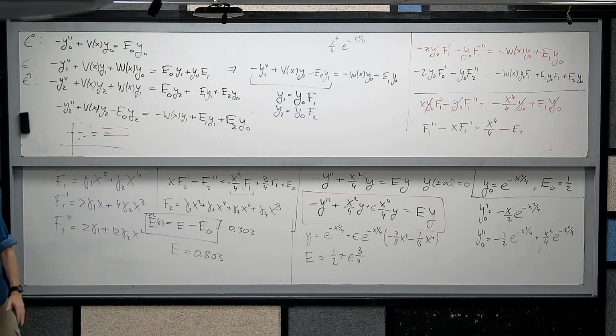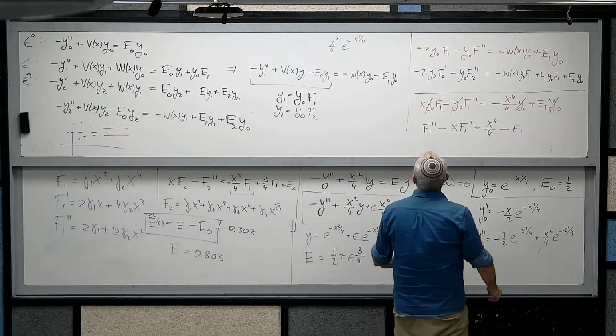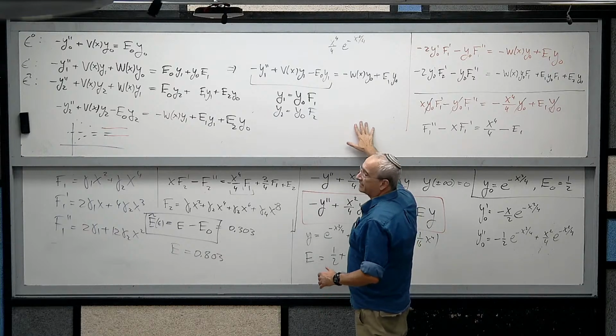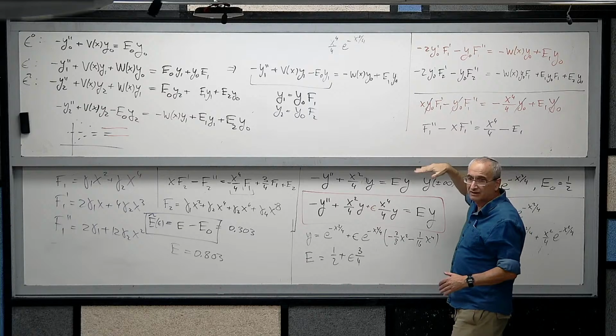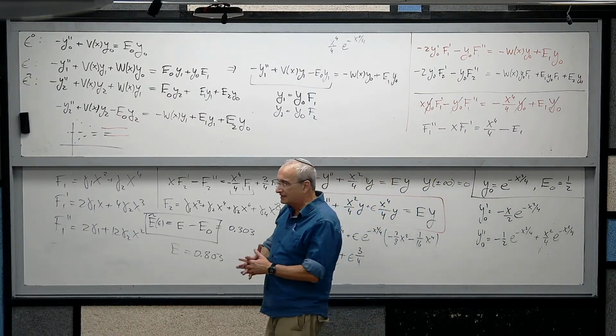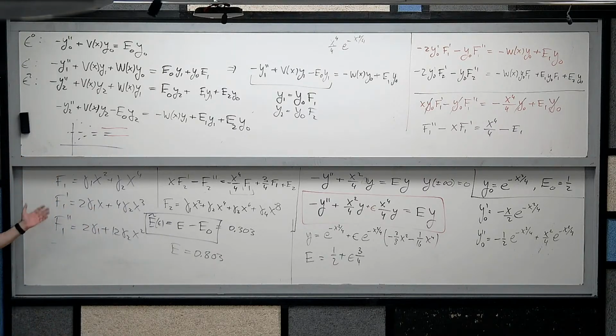Okay. Now, all that was completely generic, and then I switched to this example. This example was especially simple in the sense that it allows me to guess a polynomial, and once I have the polynomial, by calculating all the coefficients of the polynomial, I can address both the corrections to the energy and the correction to the wave function.